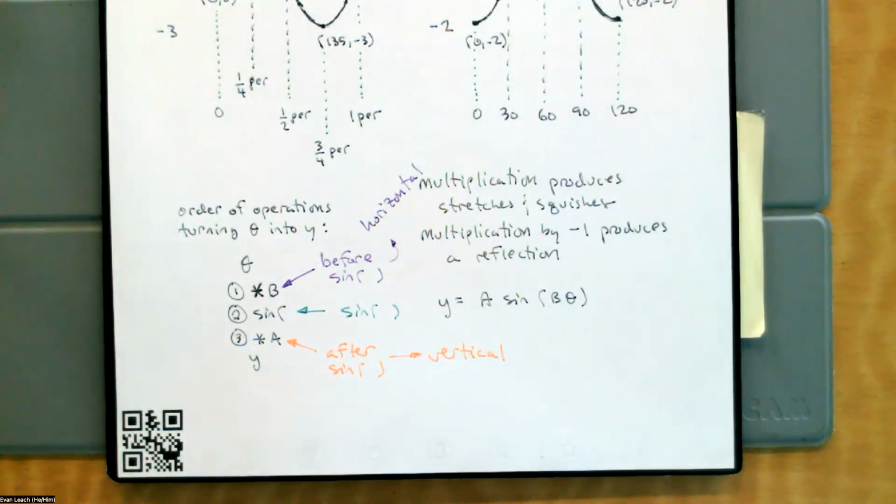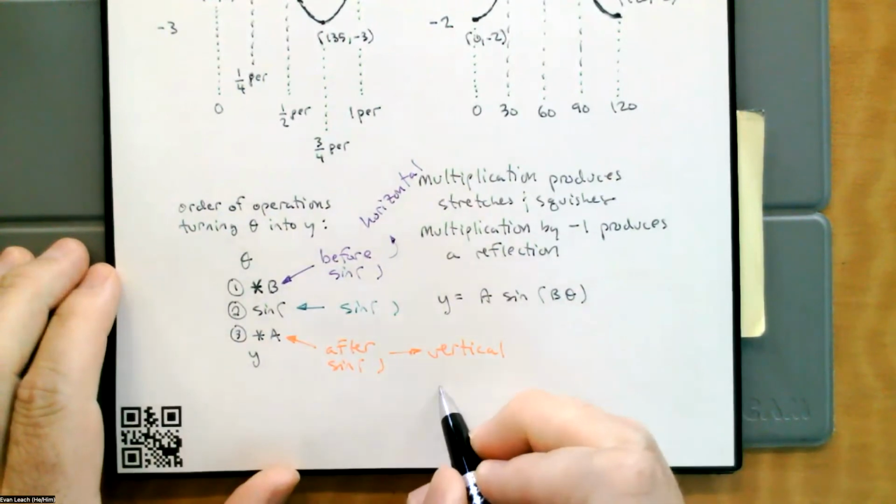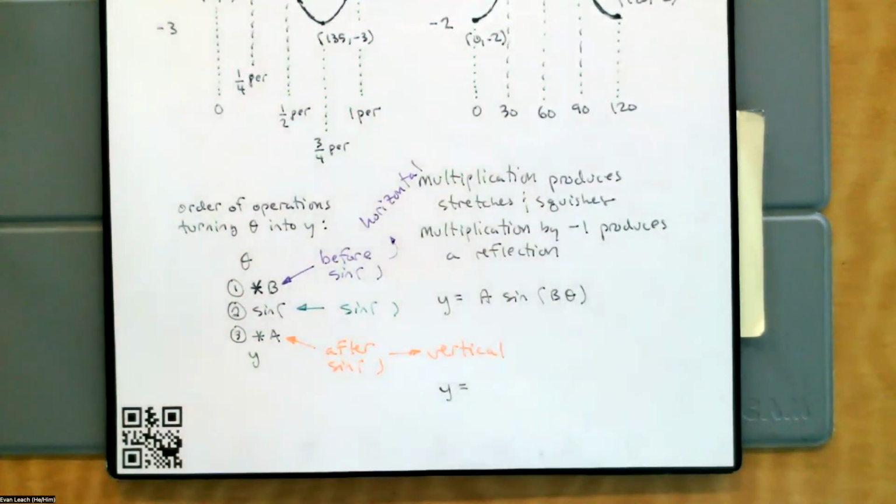So the next thing that you want to think about, I want to use this kind of thinking, and I'm going to trade my operation of multiplication for an operation addition.